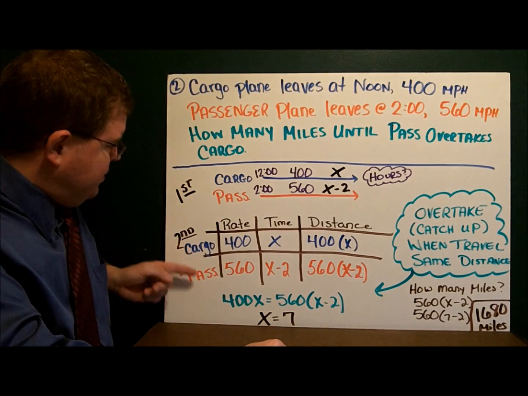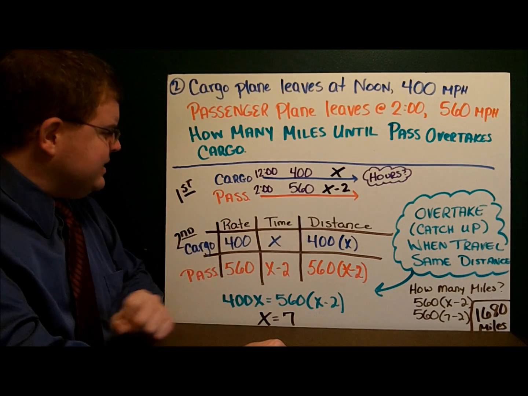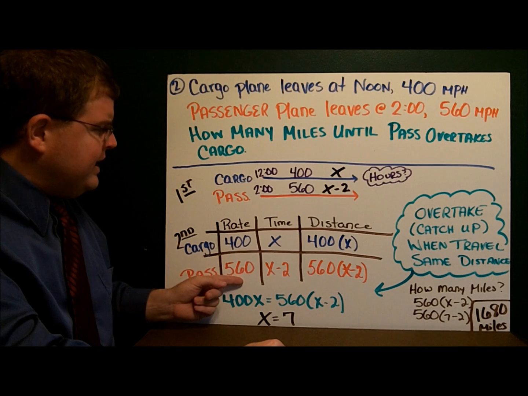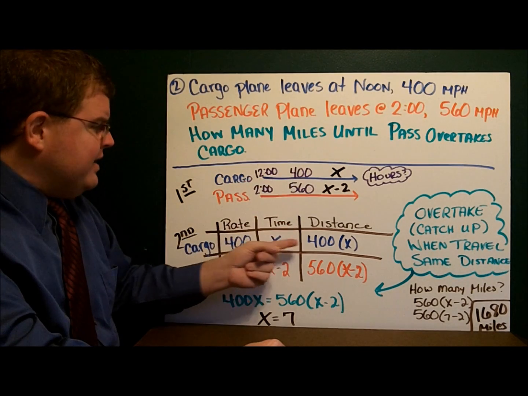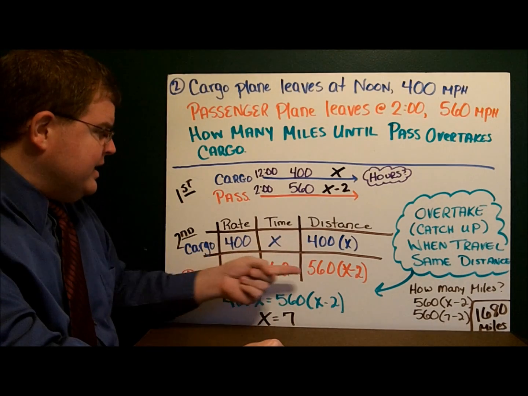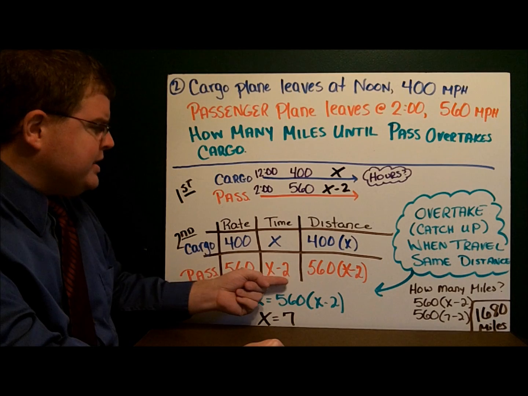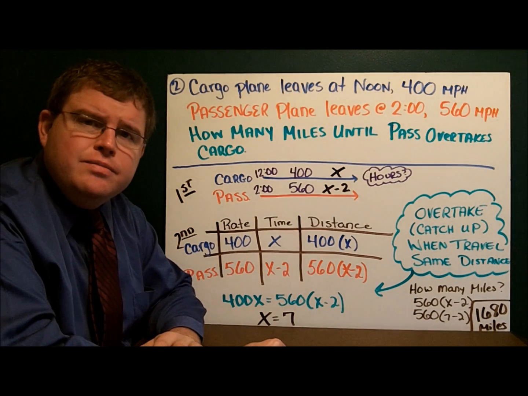We have the cargo plane, the passenger plane, rate, time, and distance. So we have our rate of speed in there, the amount of time from our drawing, and the distance, 400 times x, rate times time, and the distance over here, rate times time, 560 times x minus 2.